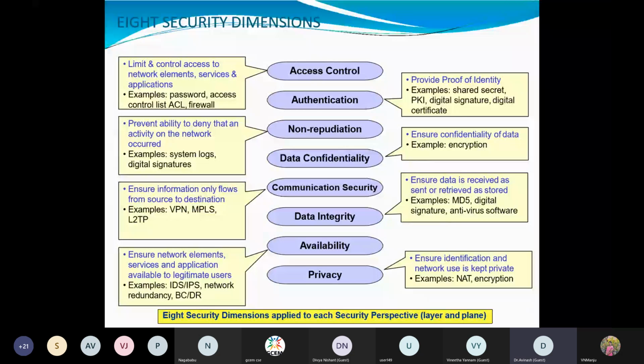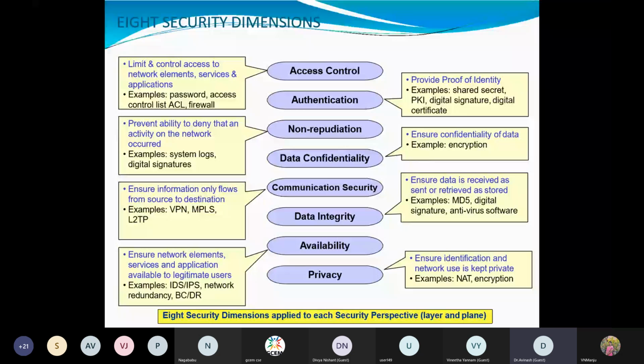For example, whenever we generate system logs for our system, that is the process of controlling. We can monitor the system logs, and with the monitoring process, we can identify where something wrong has happened. So this is the process of non-repudiation.